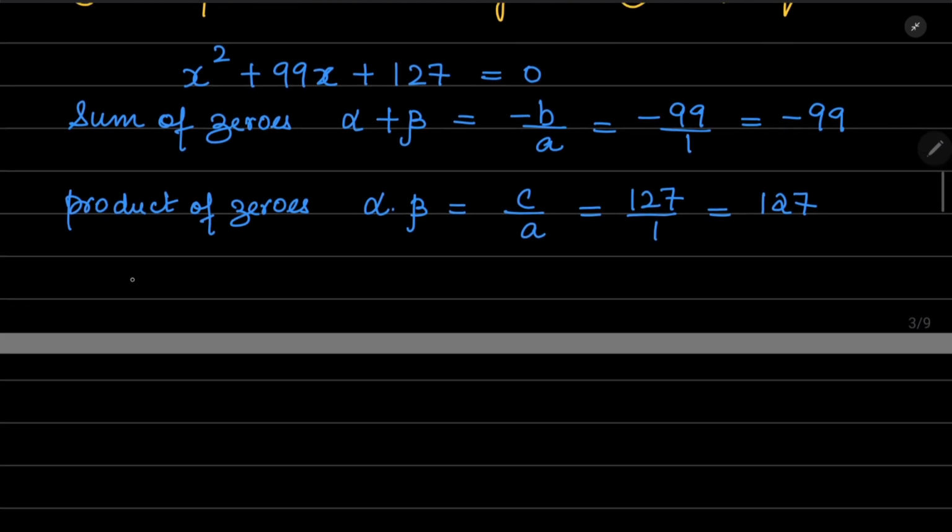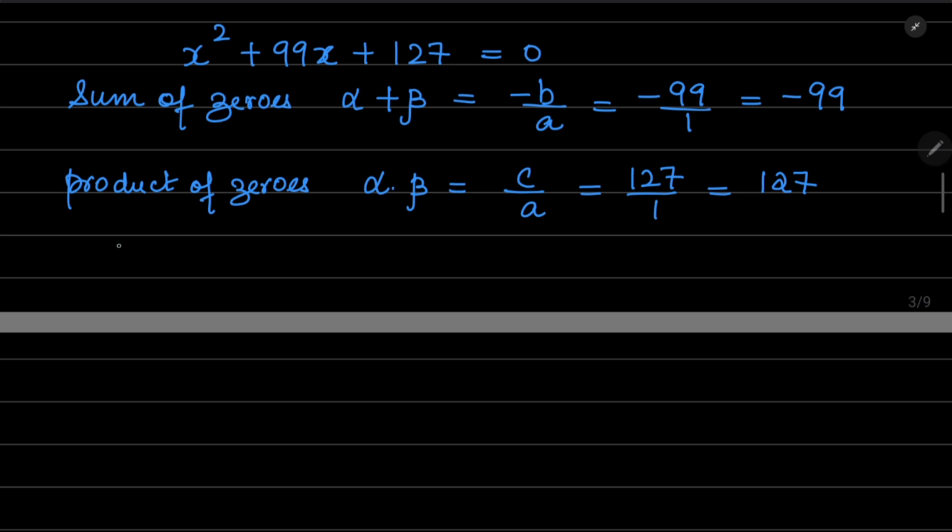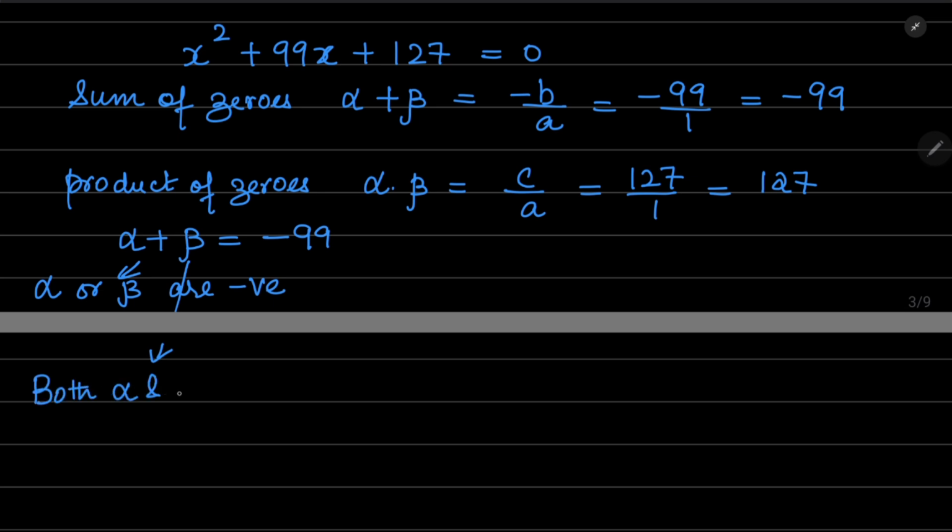Now there are two scenarios which are possible. First, alpha plus beta is minus 99. You can have either alpha or beta negative. This is one scenario. Or if the sum has to be negative, both alpha and beta are negative.